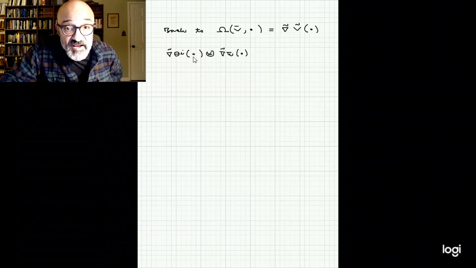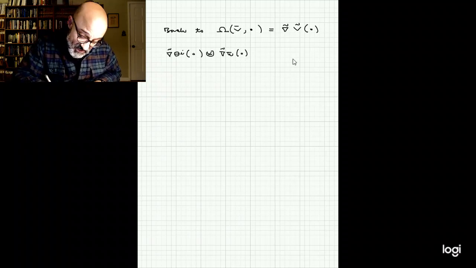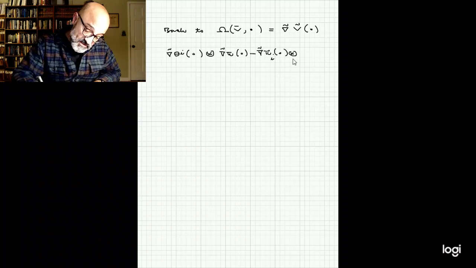This reflects the first slot. The gradient of pi reflects the second slot. And then minus the gradient of pi tensor the gradient of theta.